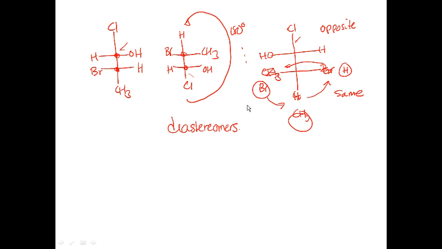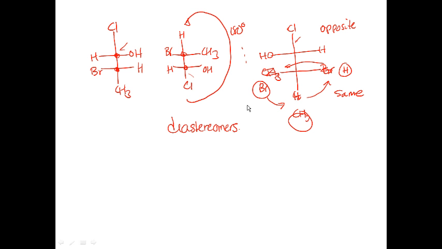And then if there is the possibility of meso, then you have to determine, are they both meso? Are they both not meso? Or is one meso and one's not meso? And if one is and one isn't, that's easy. They're diastereomers. If they're both meso, then they're both the same meso compound.